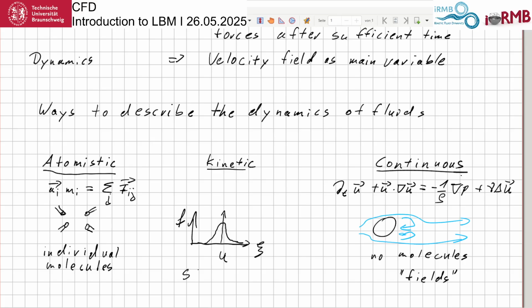This is the statistics of molecules. It is describing molecules on the one hand, but on the other hand, it is still continuous, because it's not describing the actual molecules themselves, but only the probability of them being somewhere.